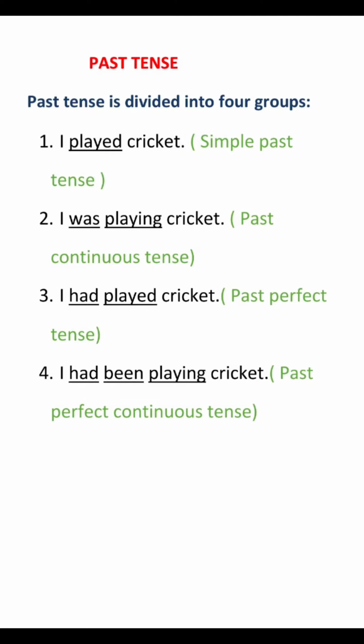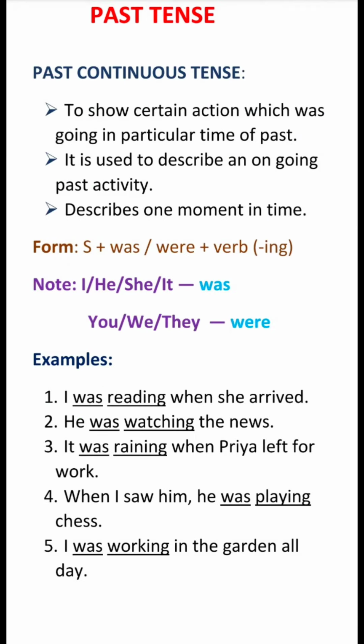Next we see past continuous tense. To show a certain action which was going in particular time of past. It is used to describe an ongoing past activity. Describes moment in time.